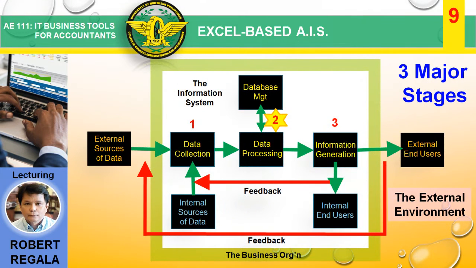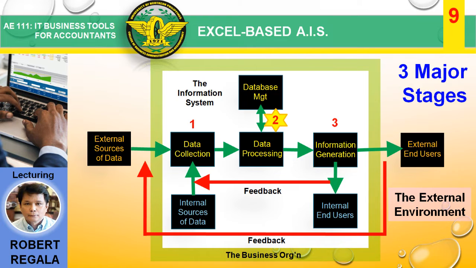Let's go back to our discussion of the three stages of information systems. The second operational stage of the information system is data processing. Once collected, data is processed. Again, processing means editing, summarizing, or refining to produce information.